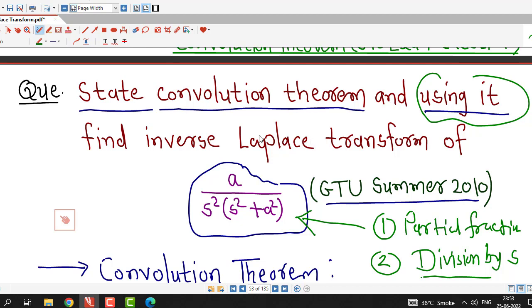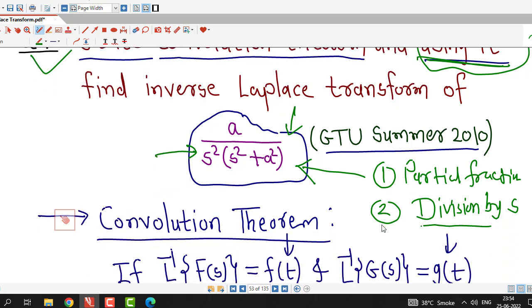So you have to write your answer using convolution theorem only. If it is not specified, suppose they ask you to obtain inverse Laplace transform of this function only, then you can use any of these three methods to obtain the inverse Laplace transform of these functions. Those three methods are method of partial fractions, division by s, and convolution theorem.